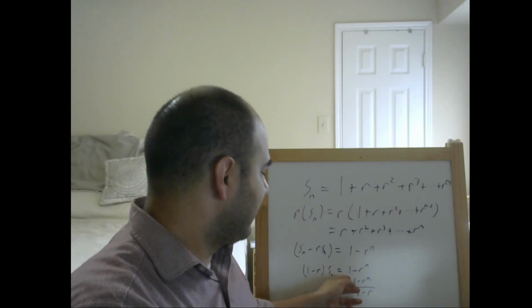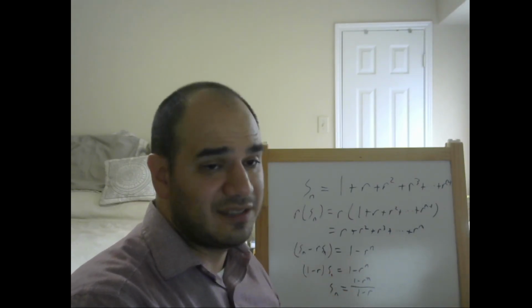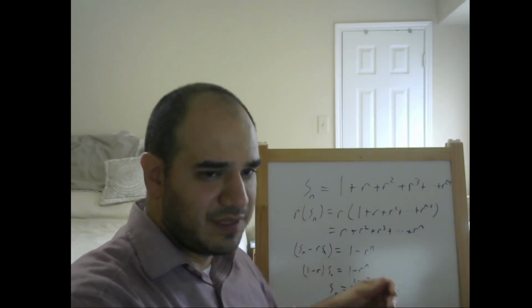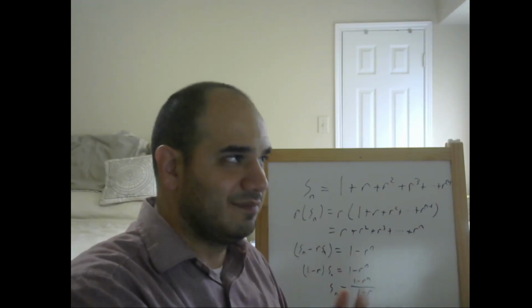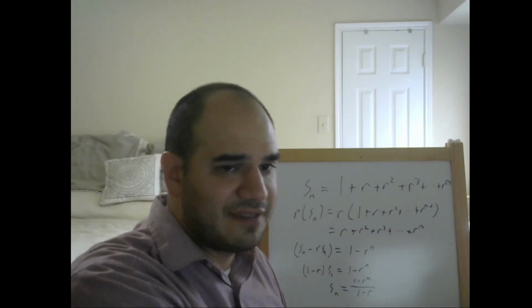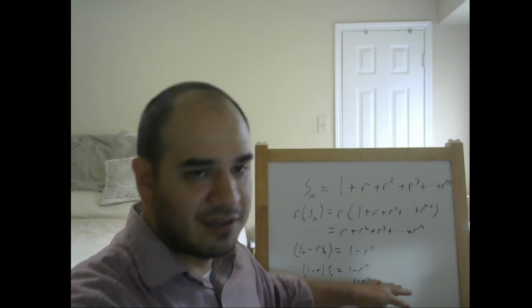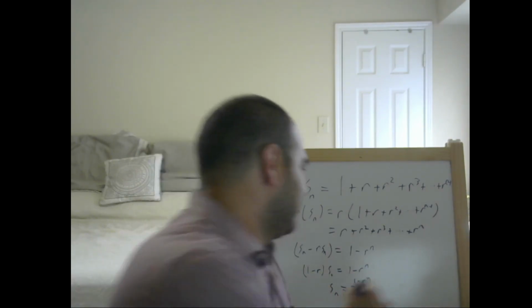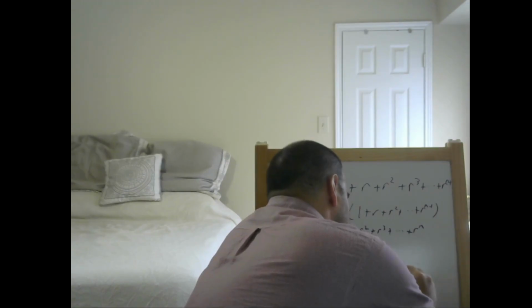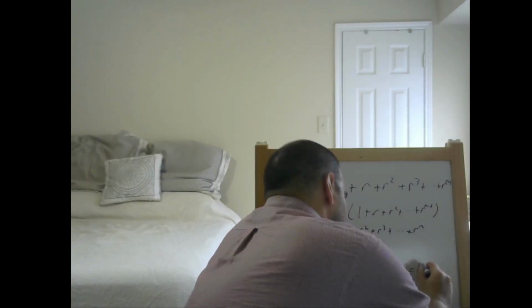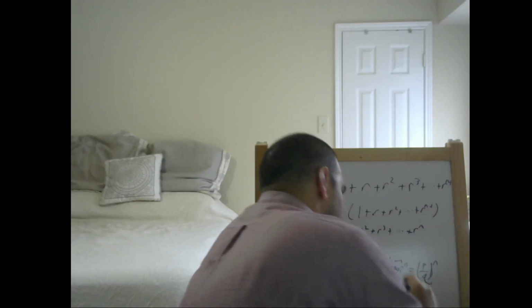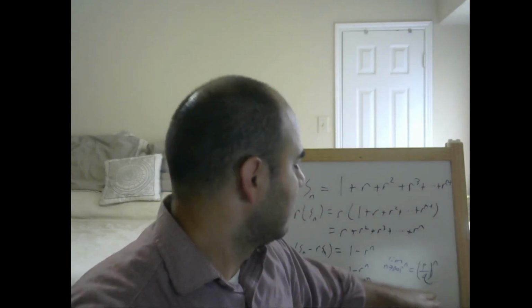But whenever it's less than 1, then as n goes to infinity, the exponentiation drives it down to 0, so that the limit of r to the n as n goes to infinity is 0.